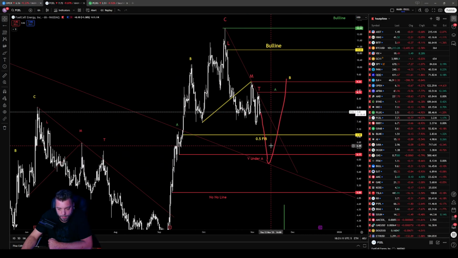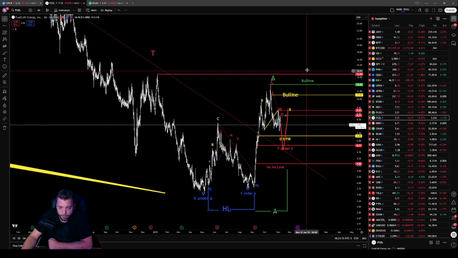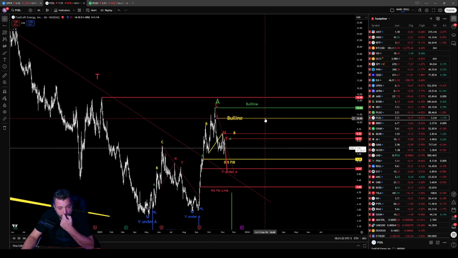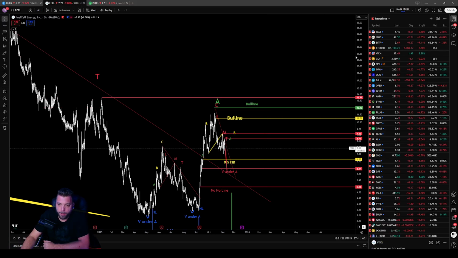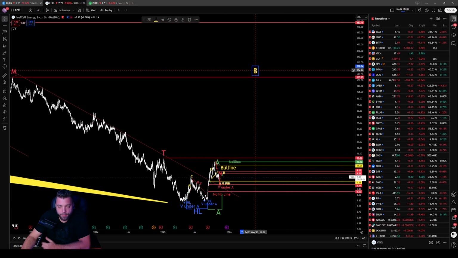And of course, V, higher low, and then you go. Still looks absolutely perfect. For this case, everything over 10.99 is absolutely bullish. Everything over 12.36, perfect. And your next target is still 165.